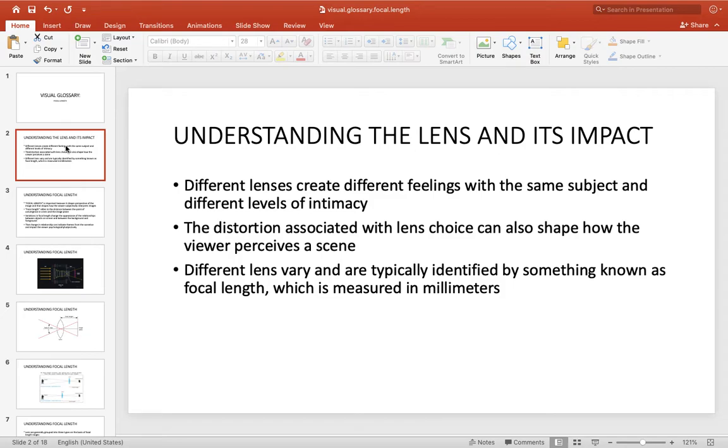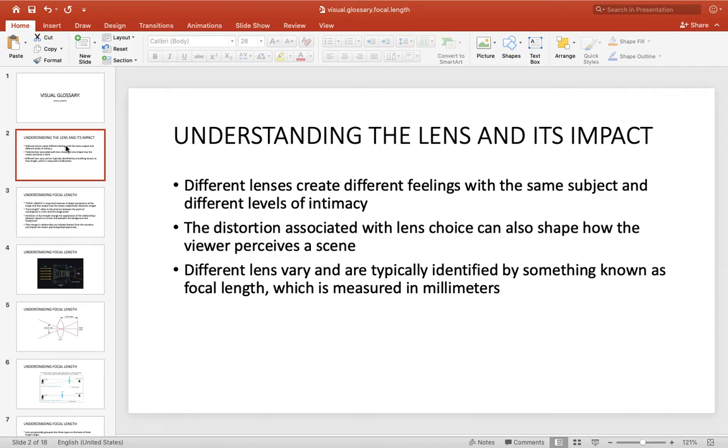The relationships between objects on screen, the relationships between the background and the foreground are altered through the use and the choice of specific lenses with specific focal lengths, okay? Different lenses are often associated with a kind of distortion, right? That's particularly true for the use of wide-angle lenses and the use of long lenses, or sometimes known as telephoto lenses, right? Again, that very much impacts the way that the viewer sees the scene, okay?